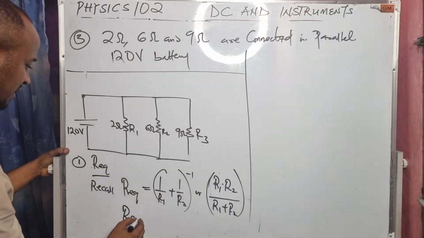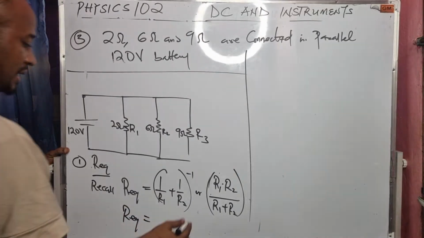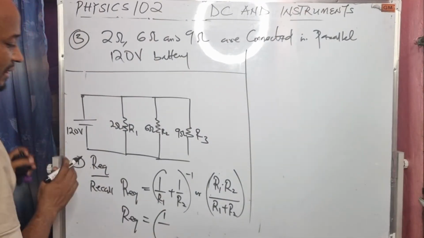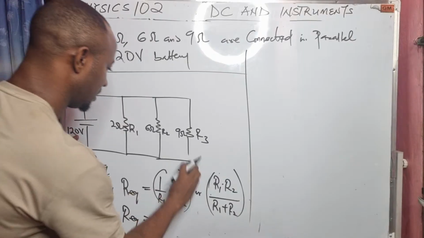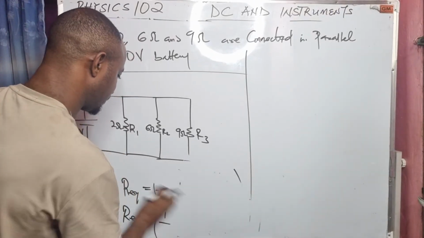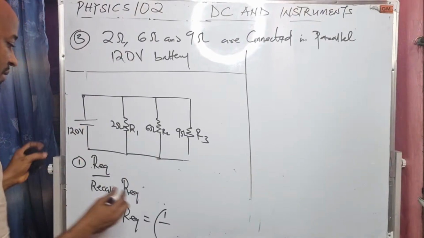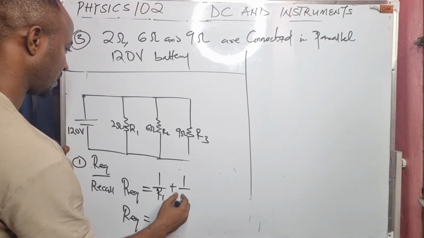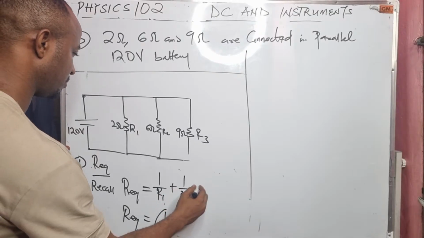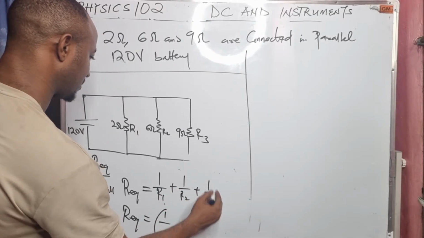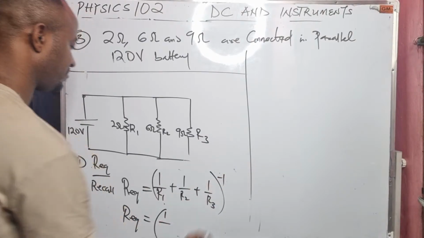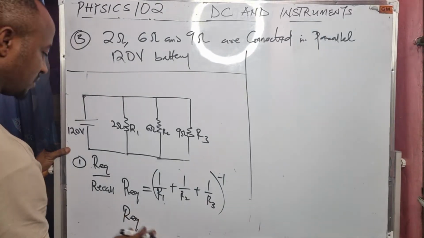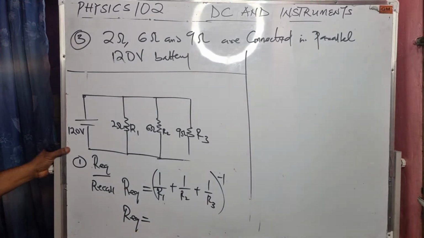So our R equivalent becomes, let's analyze with this and see. Okay, we have 3 resistors. So this will be 1 over R1 plus 1 over R2 plus 1 over R3, all to the power of -1. All right, so this is our expression here.